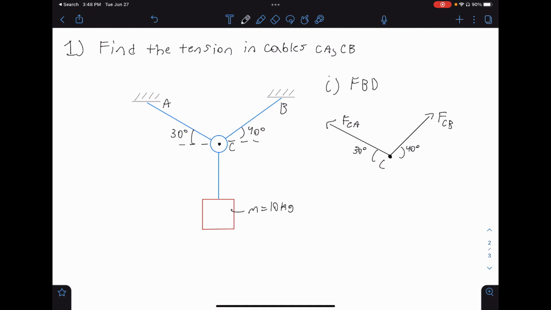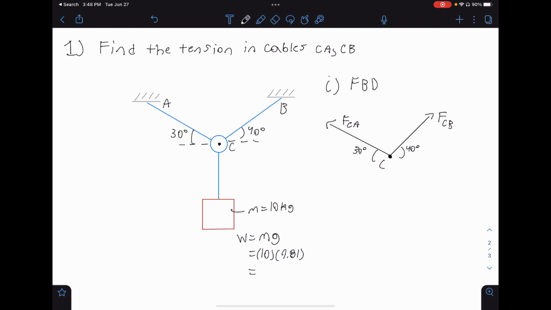Now, the force that this box is putting on C, our particle, is called the weight force. And we went over how to calculate the weight force in the first video. We said that the weight is equal to the mass times the gravitational constant. And the mass is given as 10 kilograms. So we have 10. And then our gravitational constant is 9.81.